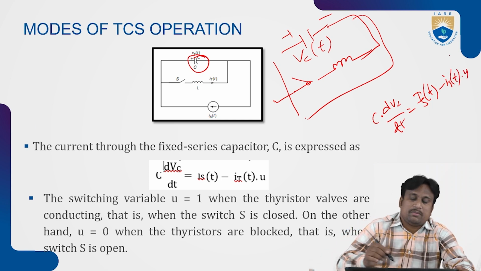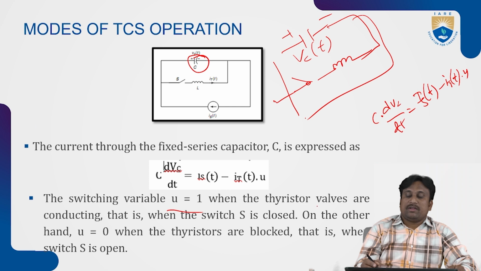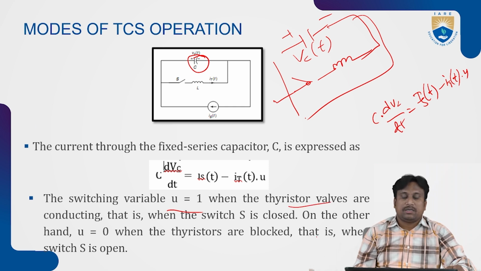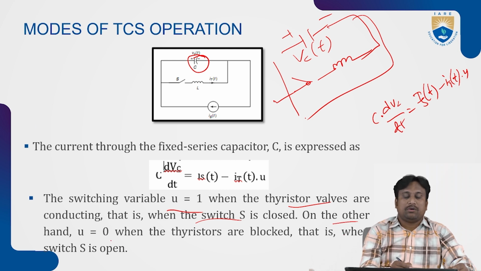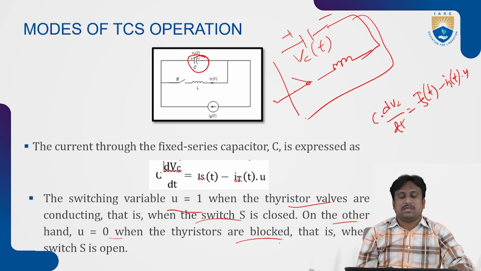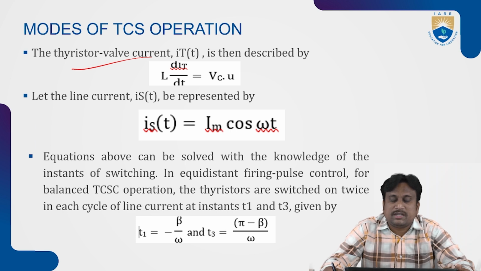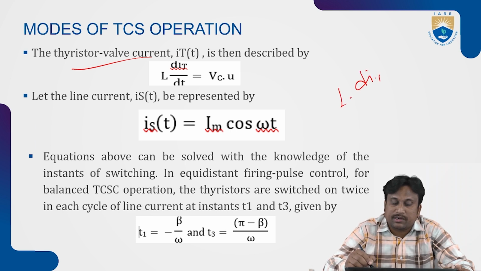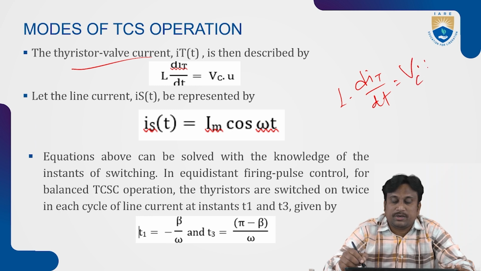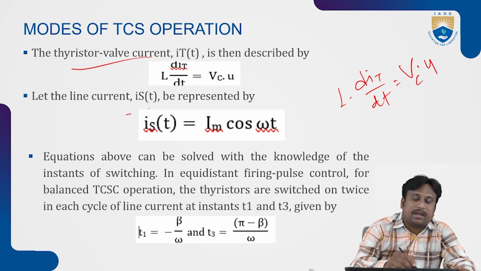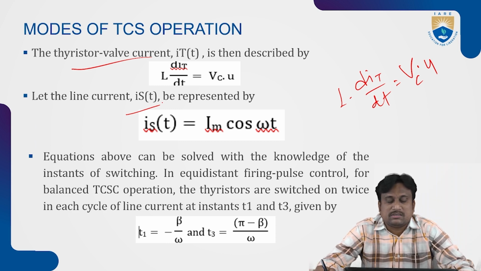The switching variable u equals 1 when the thyristor valves are conducting, that is when the switch is closed. On the other hand, u is 0 when the thyristors are blocked, and the switch is opened. So the thyristor valve current iT(t) is described by L diT/dt equals the voltage across the capacitor times u. Here the line current is represented by Is(t) equals Im cos omega t.